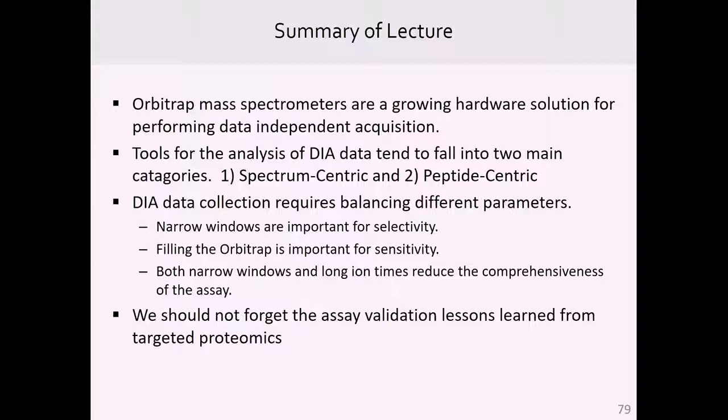We would start with something like a pan-human library or something really big, but then rather than immediately taking it to quantitative runs, we would do a set of pooled sample runs, and those might be gas phase fractionation, or different digestions, or leaving in the autosampler.